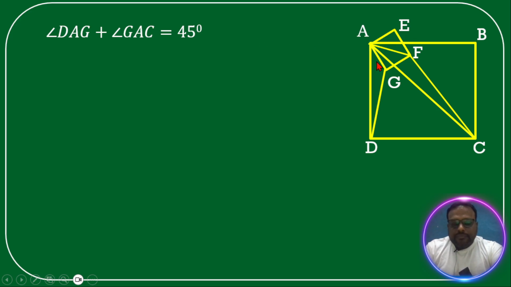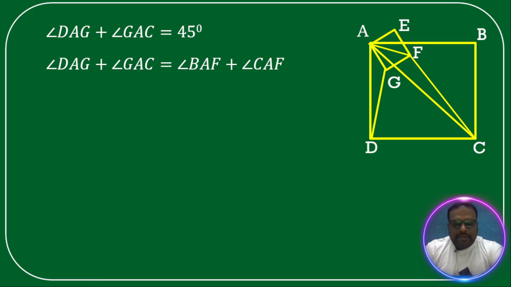So now, since CAB is 45 and CAB can also be written as BAF and CAF, in the place of this 45, I will write BAF plus CAF, right? So therefore the step becomes angle DAG plus angle GAC is equal to BAF plus CAF. Just concentrate clearly, it is very easy.